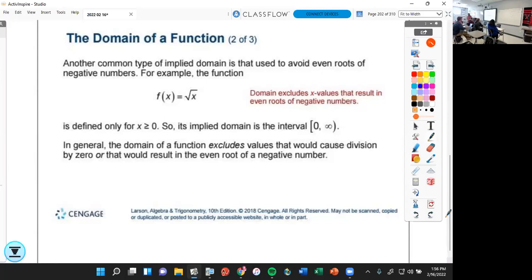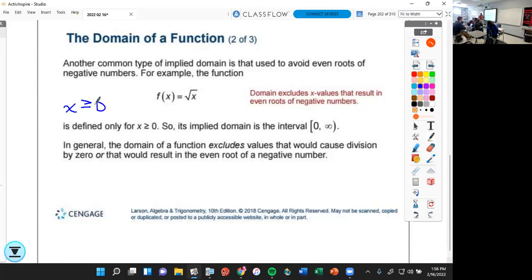So to find the implied domain of a radical, you take the radicand. What's the radicand? The stuff on the inside. You say, okay, I'm taking the square root of something, so that something must be not negative, which would mean greater than or equal to, can't say positive because of 0.